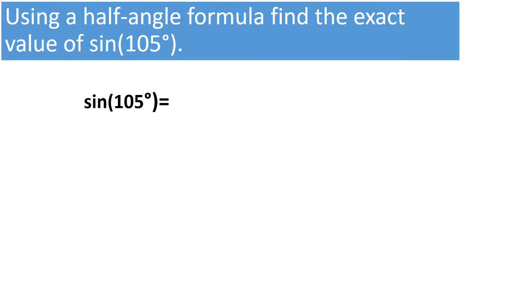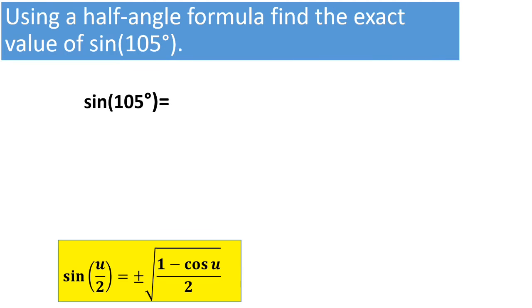The half-angle formula enables us to find the exact value of an angle that is not on the unit circle. The half-angle formula for sine is as follows. We need to think of an angle measure that when it's divided by 2 equals 105 degrees.